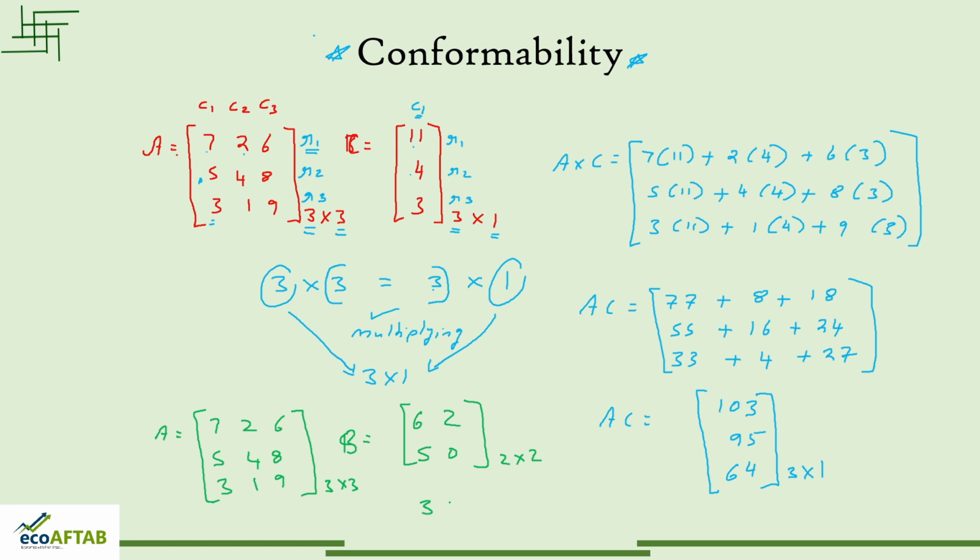So 3 by 3, is it equal to 2 by 2? So if you look at this thing, 3 and 2 are not equal to each other, and because of that we can say matrix A cannot be multiplied by B, because it is not passing the conformability test. This is what is conformability of matrices.